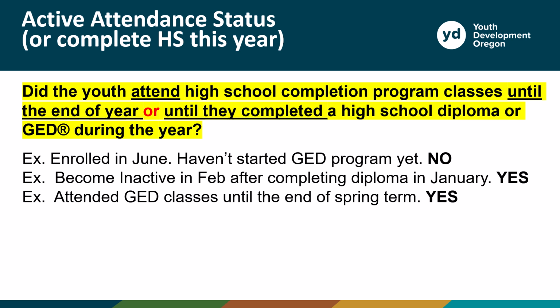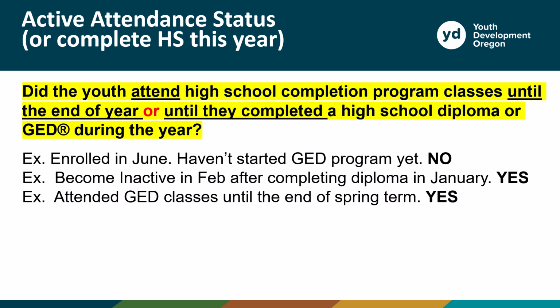And so, just to give a couple illustrations, you maybe will enroll a youth in June, and then you're reporting on their year one status before they've made a connection back to education. So, they haven't started their GED program yet. So, active attendance status would be no. You may have a youth that becomes inactive in February after they complete a diploma in January.